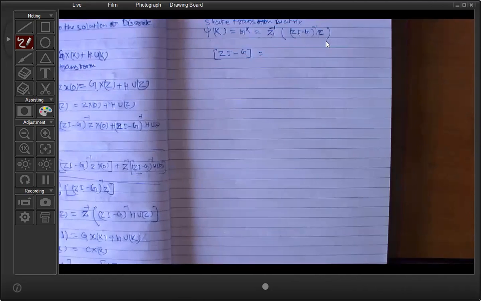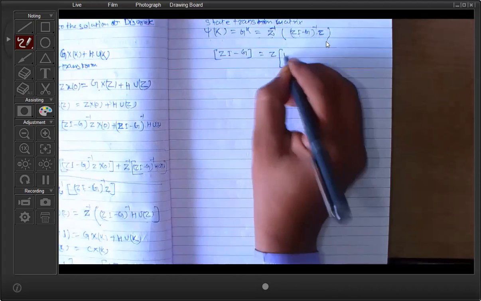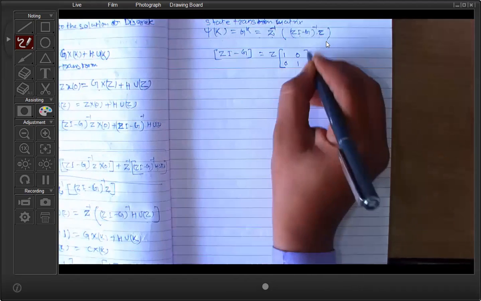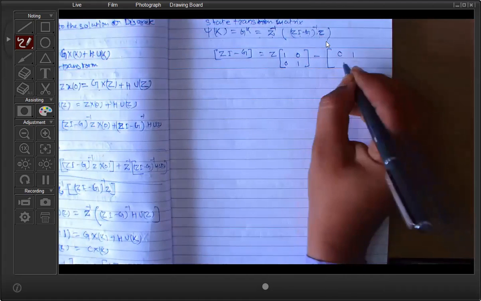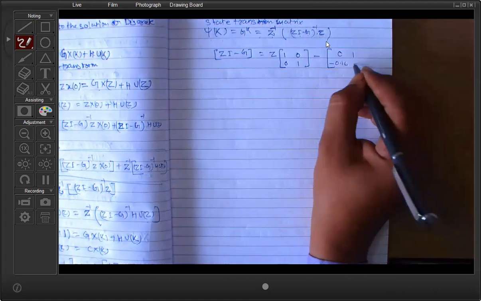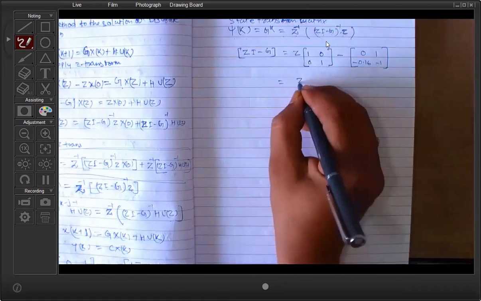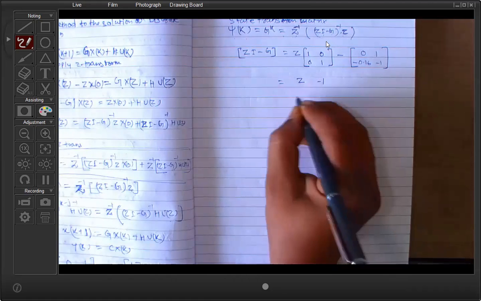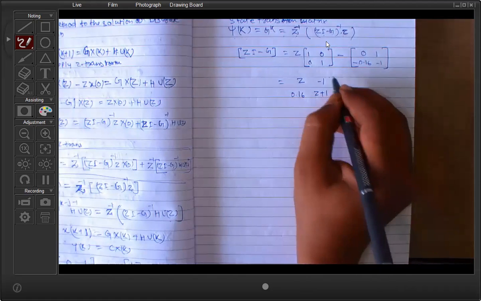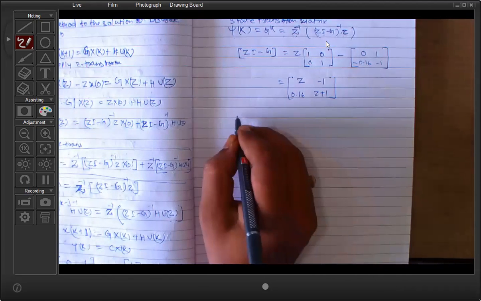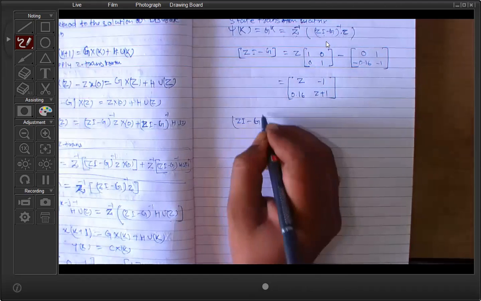So the unit matrix must have the size 2 into 2, that is Z into the unit matrix [1 0; 0 1] minus G. So the G matrix is equal to [0 1; -0.16 -1]. Okay, so it becomes [Z, -1; 0.16, Z+1]. Now we have to find out the inverse of the ZI minus G matrix.